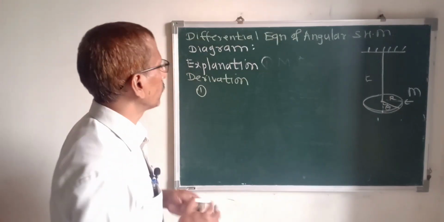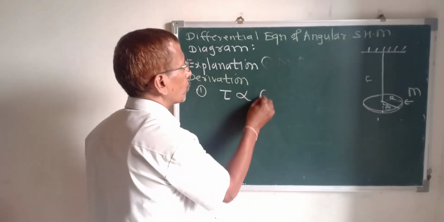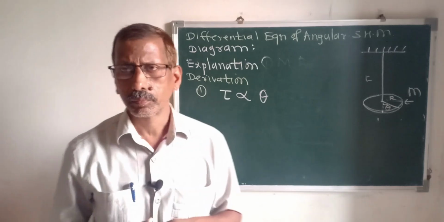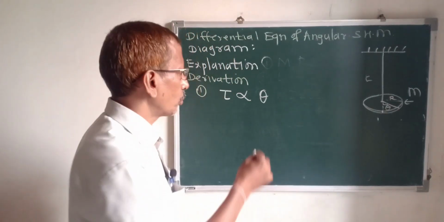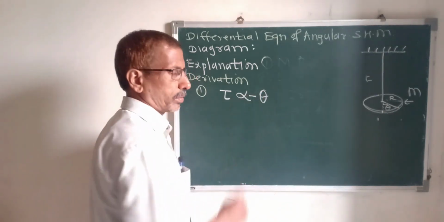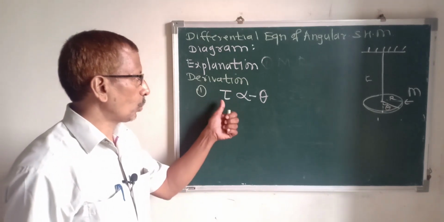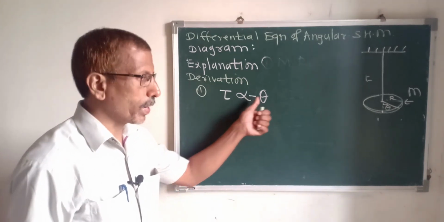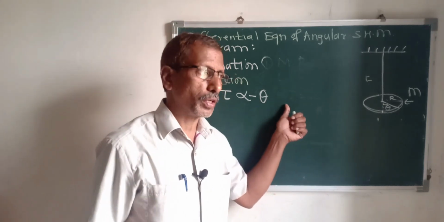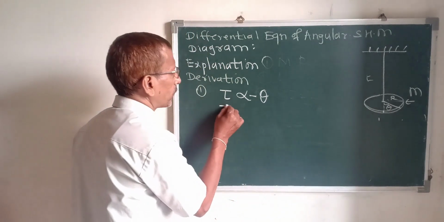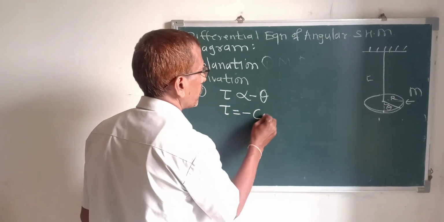So we can write torque directly proportional to angular displacement. Since both are oppositely directed, we write a minus sign here. Tau is directly proportional to minus theta. From this variation we can write the equation, torque tau is equal to minus c into theta.